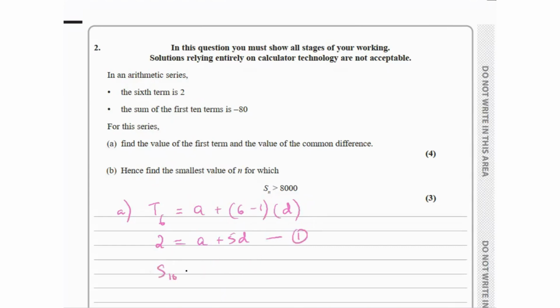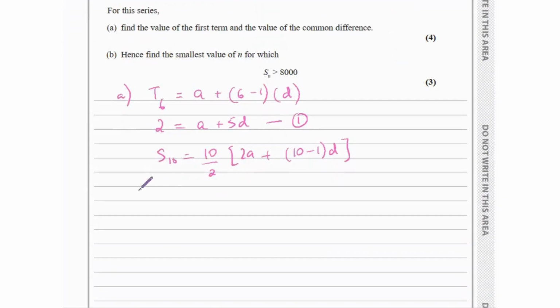So S10 is going to be 10 over 2 times (2a plus (10 minus 1) times d). So that's negative 80. Negative 80 equals 5 times (2a plus 9d). Negative 80 divided by 5 is negative 16. So negative 16 equals 2a plus 9d. That is our second equation.